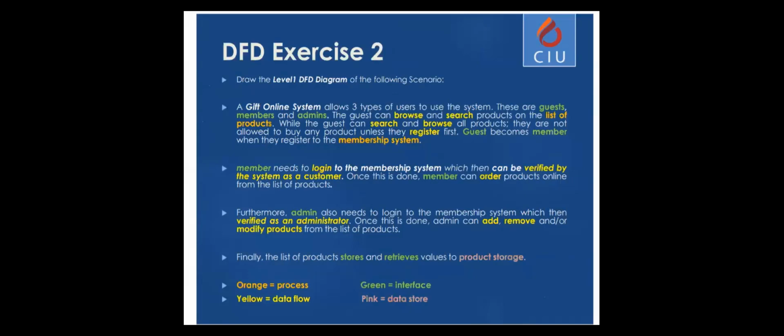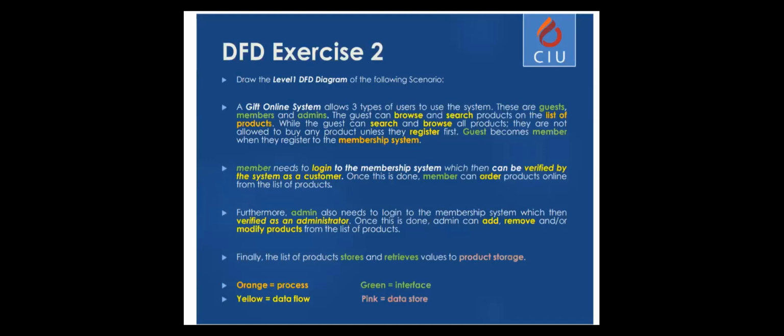A gift shop or online gift system allows three types of users to use the system. These are guests, members, and admin. The guest can browse and search products on the list of products. While the guest can search and browse all of the products, they are not allowed to buy any products unless they register first.